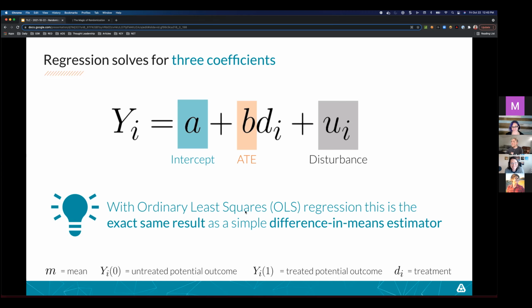What happens is, in least squares, they try to minimize the residuals, which means they solve for A and B by moving these two terms to the left-hand side of the equation, and they run through values of A and B until they can minimize the error term.